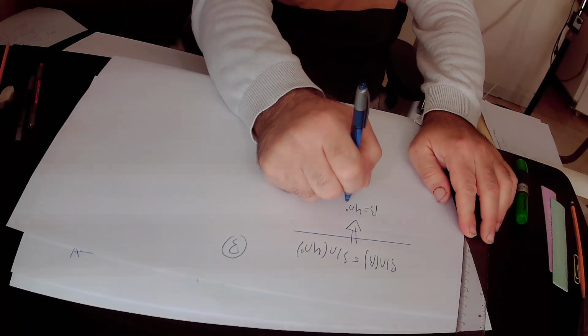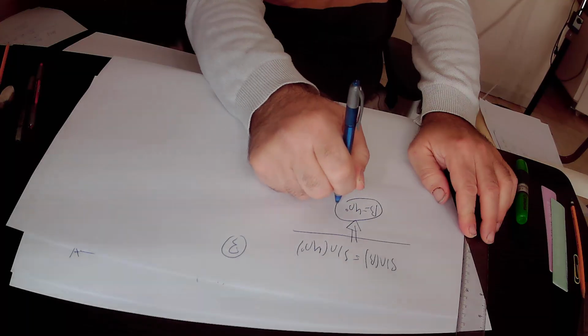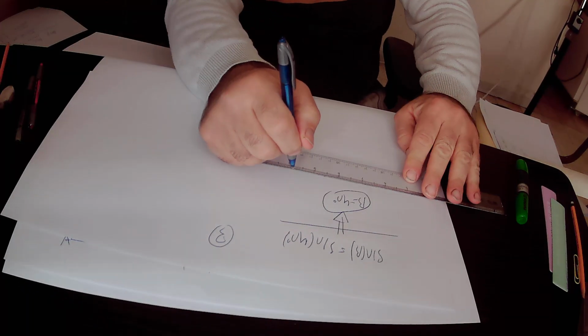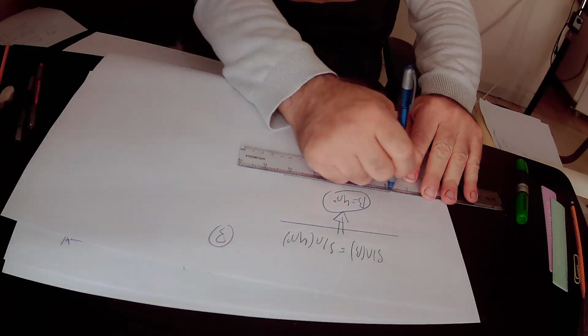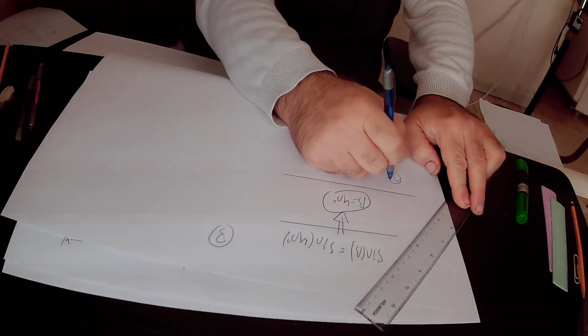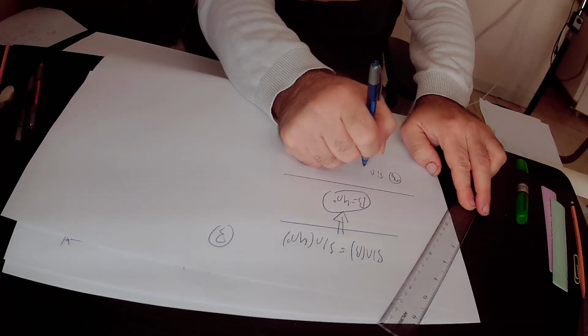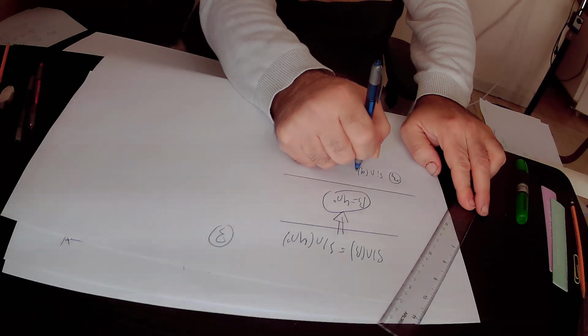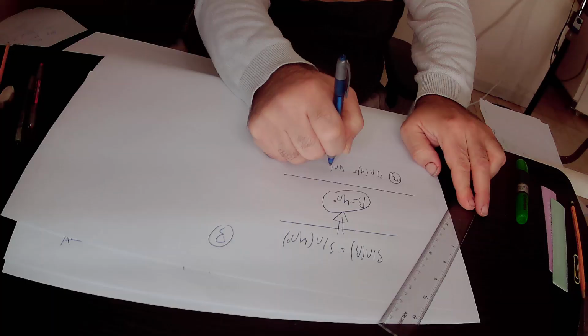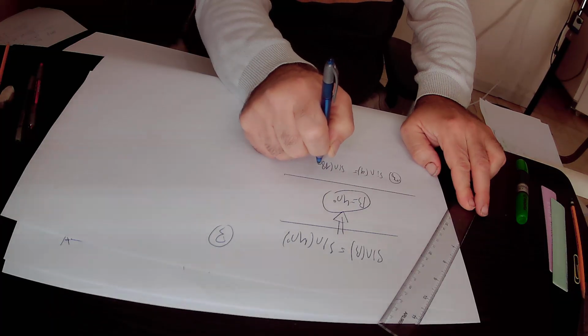This is the first solution for beta. But we have another solution for beta according to the third trigonometric identity: sine alpha equals sine of 180 degrees minus alpha.